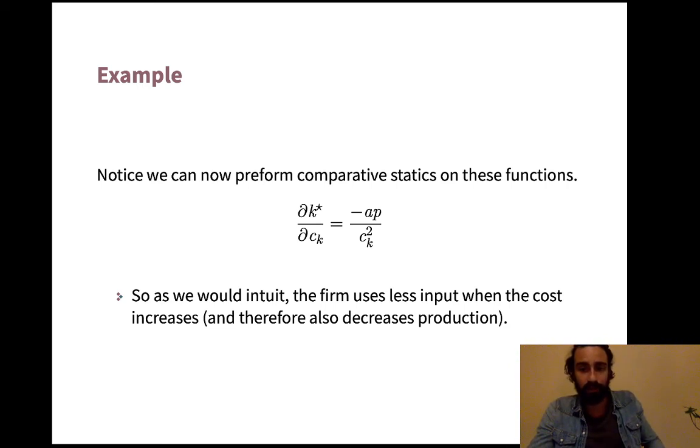The important thing is that we can see that this is negative, because A is positive, P is positive, CK is positive, and there's a negative sign in front of the whole thing. And so, as you would expect, if the price of tractors increases, I buy fewer tractors. When the price of tractors goes up, I hire less of that particular input.